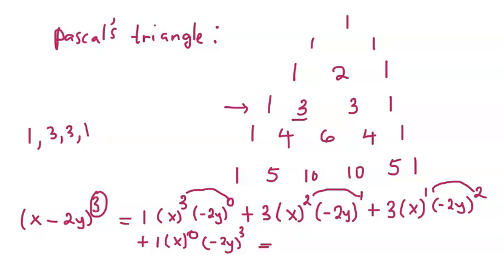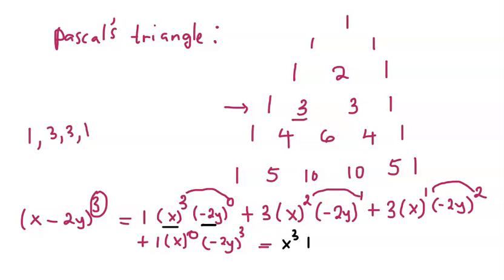Now all we need to do from here is some proper simplification. So 1 times x cubed times negative 2y to the power of 0, which is 1. Then 1 times x cubed gives us x cubed.